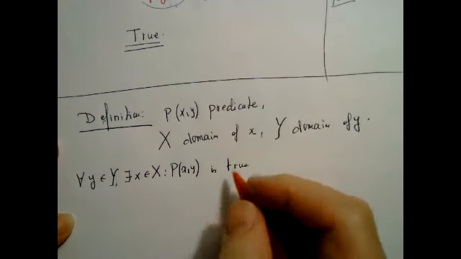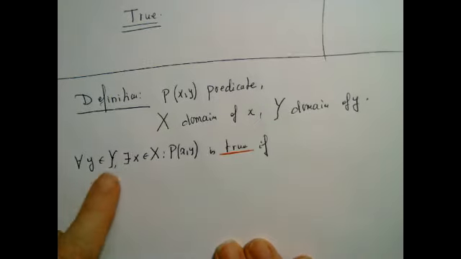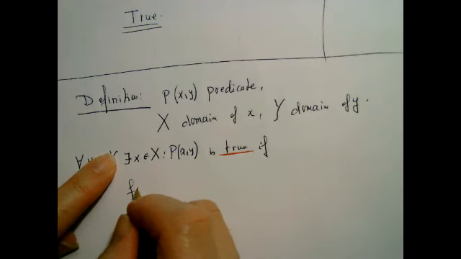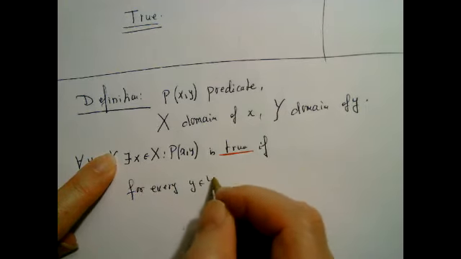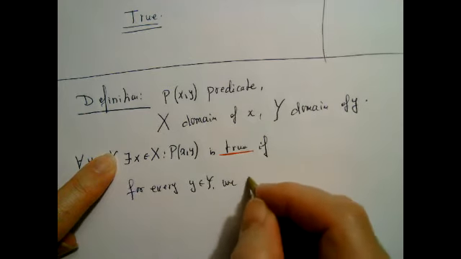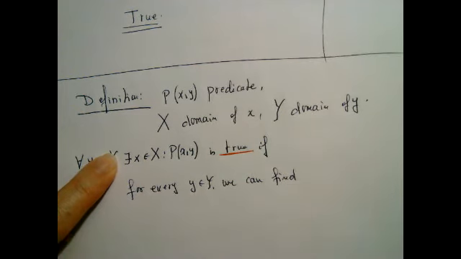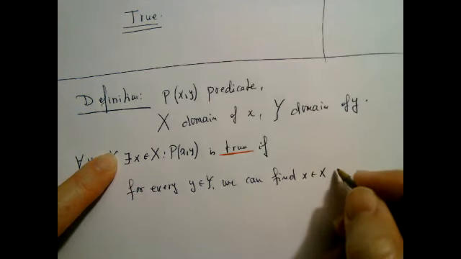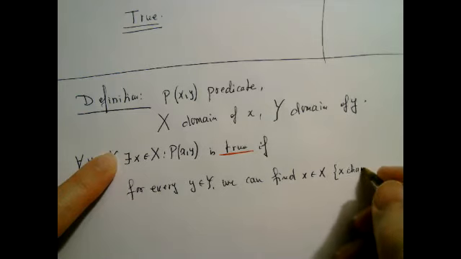A statement like this is true if, read it, you understand, given any y in Y, for every y in Y, we can find a particular x in X, and here you can put parentheses, x of course changes with y.